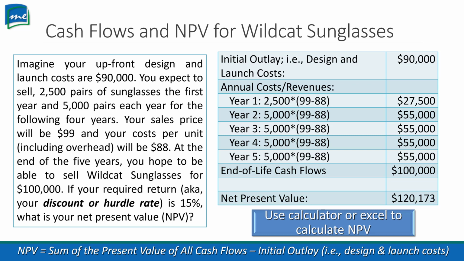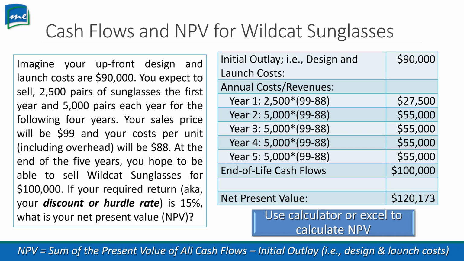In our first year, we're expecting to sell 2,500, and we're going to multiply that by our sale price minus what it costs to make. 99 minus 88, right? So 2,500 times $11 essentially. So that's going to be $27,500.